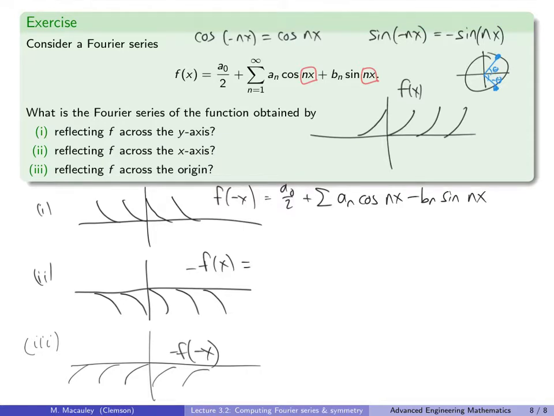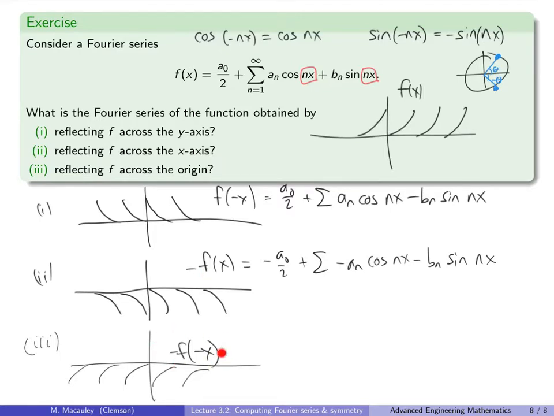Similarly, negative f of x just multiplies this whole thing by negative 1. This is negative a naught over 2 plus negative an cosine of nx minus bn sine of nx. Don't be scared by the infinite sum. You're just multiplying this thing by negative 1.